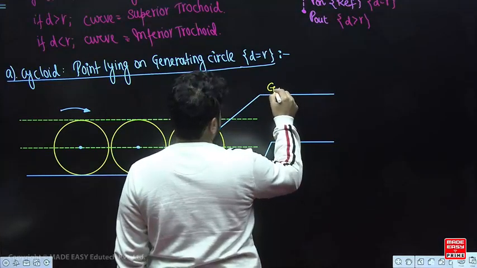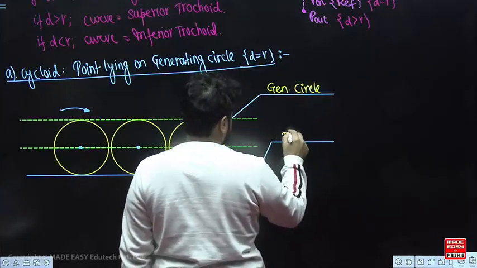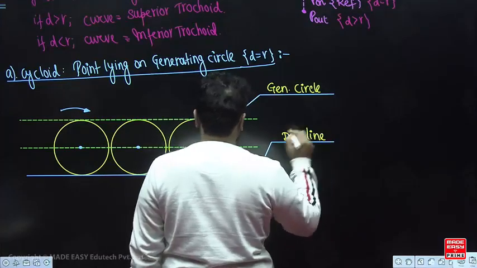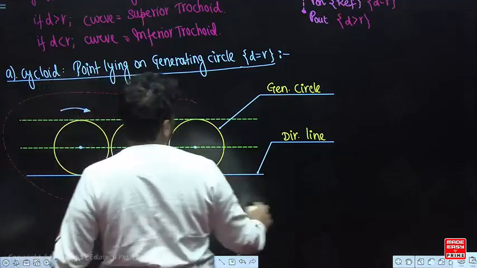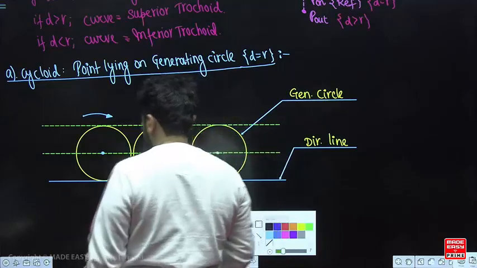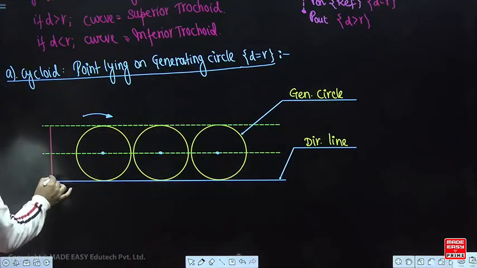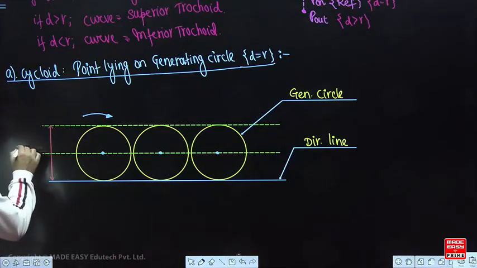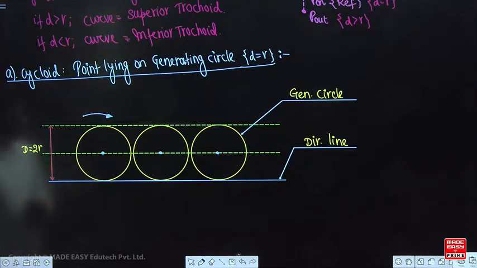This is your generating circle and this is your directing line, correct, isn't it? Okay. This is your D, it is equal to 2R, isn't it?